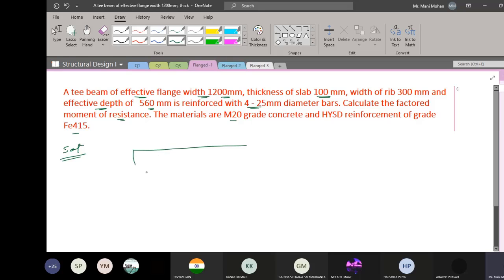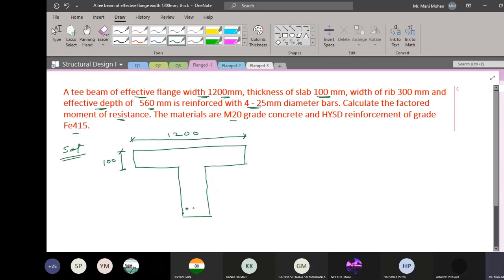So you have a T-beam section. We have this effective width of flange as 1200 millimeter. The depth of flange is going to be the thickness of the slab, which is 100 mm. Okay, and this is reinforced with 4 numbers of 25 diameters.